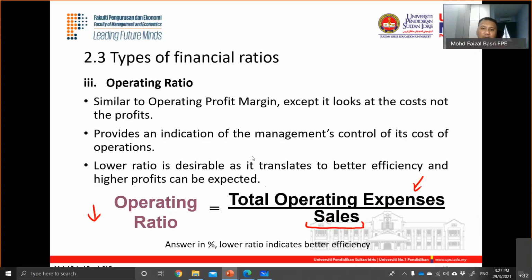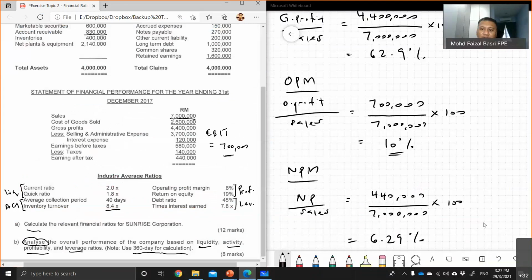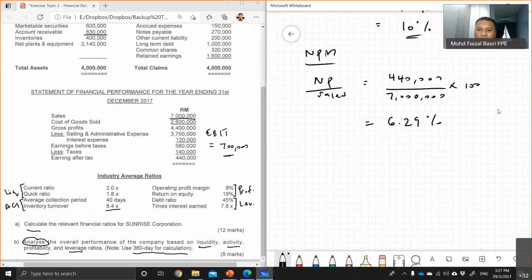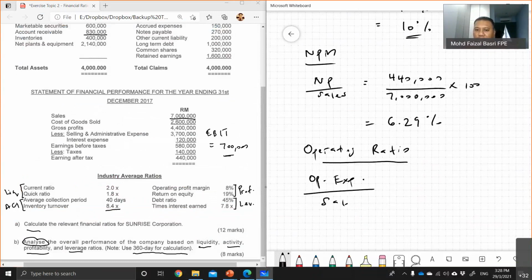Bear with me. Again, I have to go back to here. So if we look at the operating ratio, the formula would be operating expenses divided still by sales. All right, so meaning all 4 ratios we've done so far are divided by the sales value.